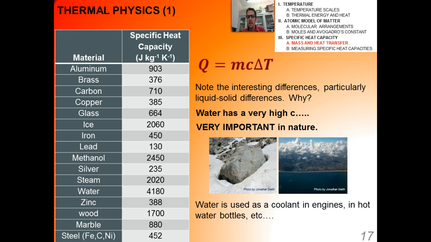Because water has a much higher specific heat capacity than land, which is made of rocks and buildings and trees and dirt and things like that, given the same amount of sunlight, the same amount of energy shining on these two things, the land will heat up much more quickly than the water does because land has a lower specific heat capacity. You can think of water as having the ability to absorb a lot of heat without raising its temperature, or to lose a lot without lowering its temperature.